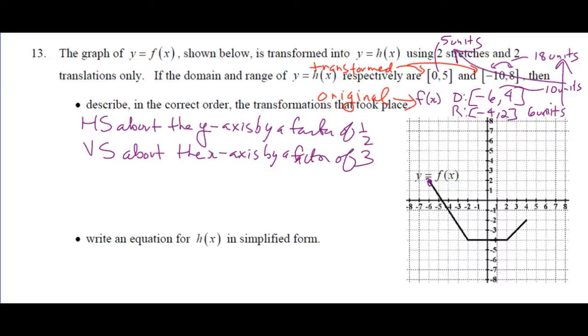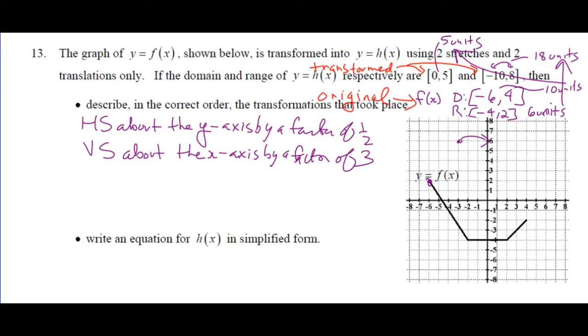Okay, so I'm going to take this, and what do we say? A horizontal stretch by 1/2, so negative 6 moves to negative 3. Vertically stretched by a factor of 3, so now it's up here. My domain is 0 to 5, so I'm going to have to move this over to 0.